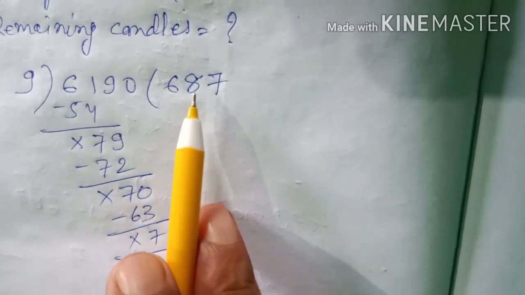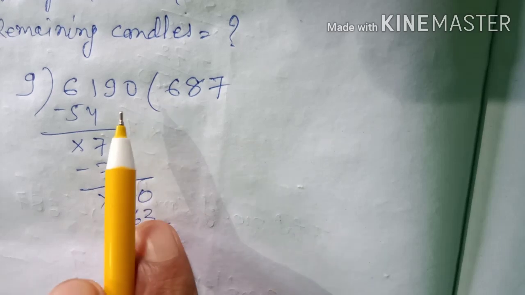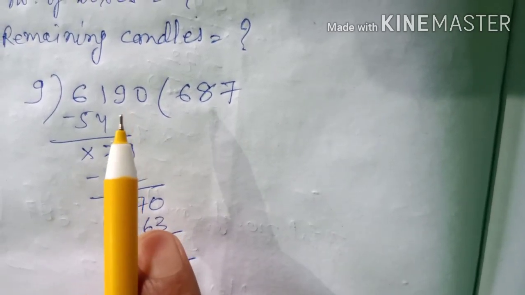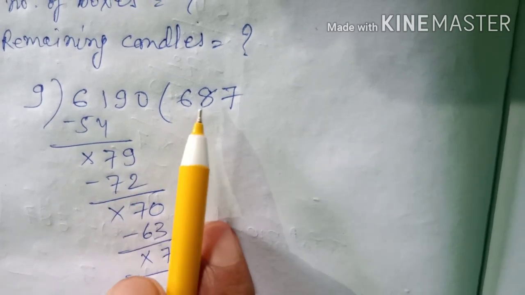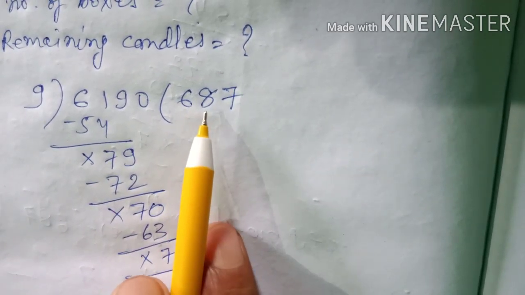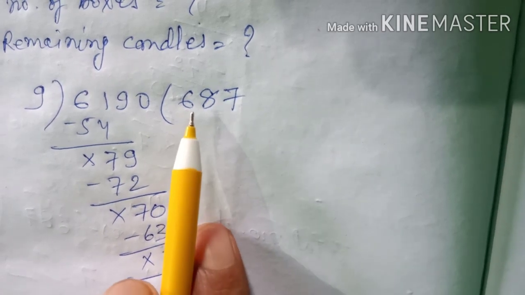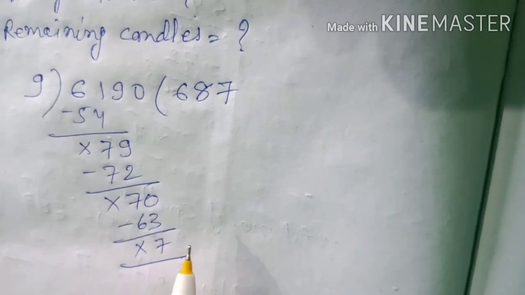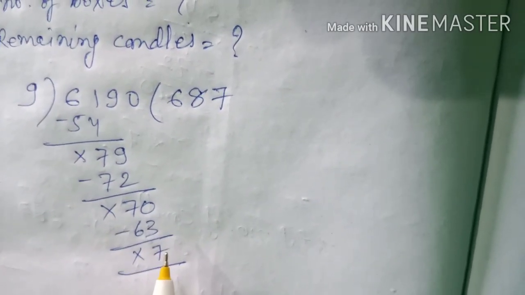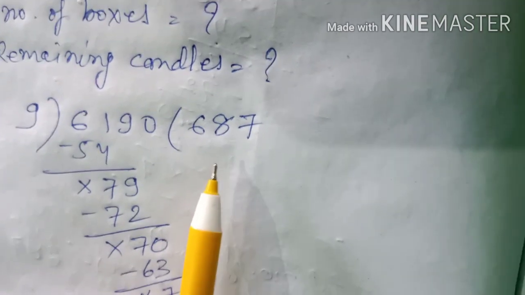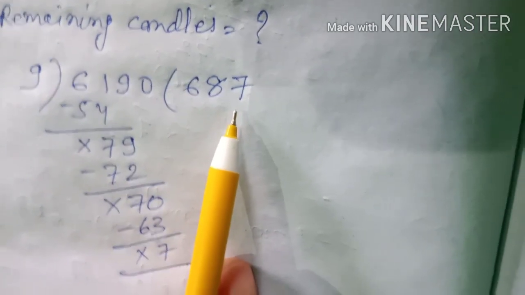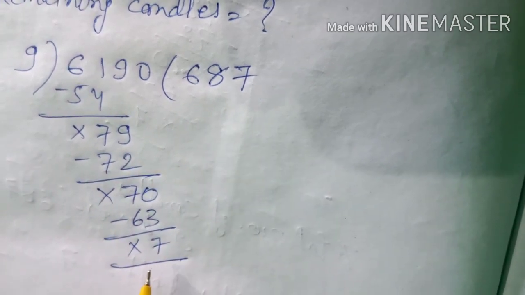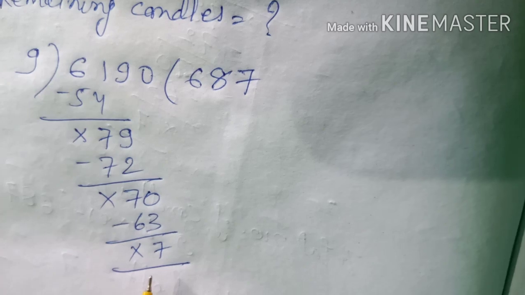So as you can see, you are able to fill 687 boxes of 9 candles each, and you will have 7 candles left in your hand.